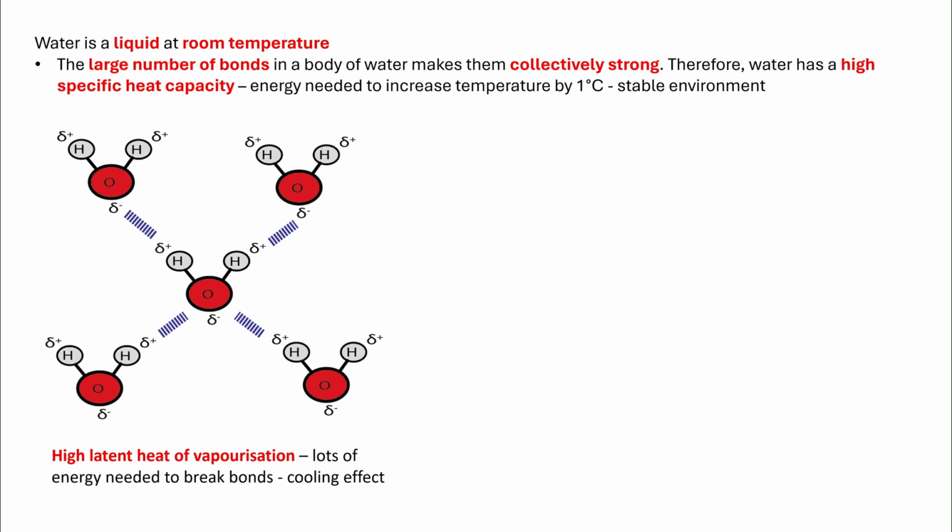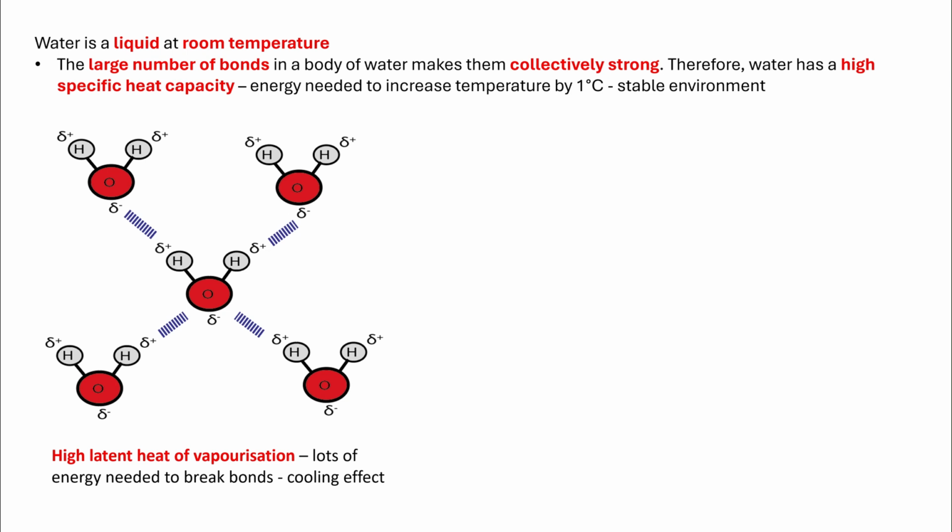When that energy breaks the hydrogen bonds, it takes the energy out into the atmosphere and has a cooling effect. That cooling effect is on the plant or on the animal if they are turning the liquid water into vapor, the gaseous state.